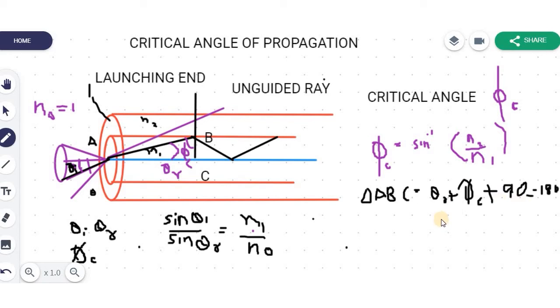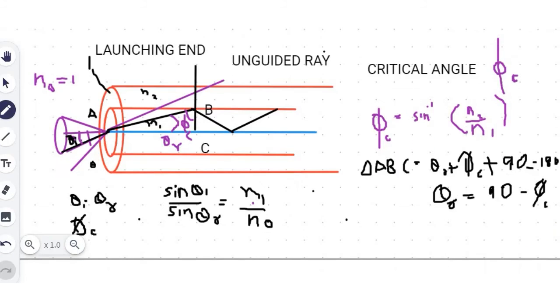From this I can find theta r. What is theta r? Theta r is 90 minus phi c.